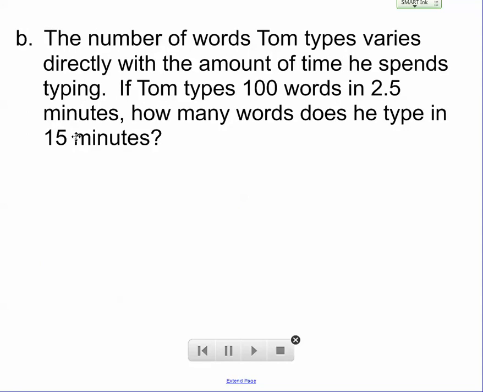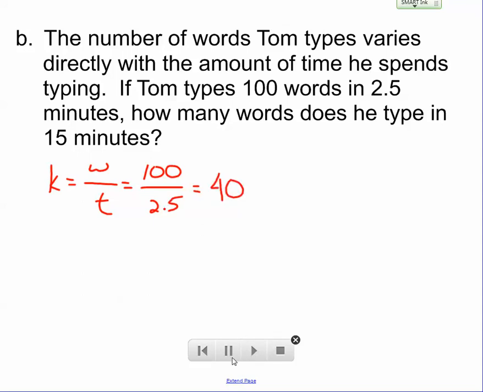The number of words Tom types varies directly. That means it fits a direct proportion model with the amount of time he spends typing. If Tom types 100 words in 2.5 minutes, how many words does he type in 15 minutes? Okay, well, the constant of proportionality, we'll do the number of words divided by the time he spends typing. They gave us one situation here, 100 words in 2.5 minutes.